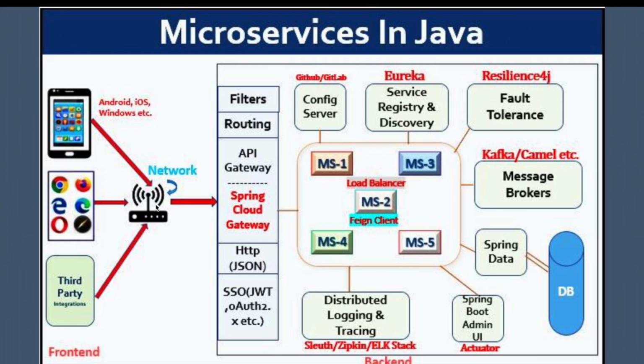Now your request is coming to the Spring Cloud Gateway. This is an API gateway, so we can achieve it with the help of Spring Cloud. If you are using Spring Boot, we can achieve microservices architecture with the help of Java technology.